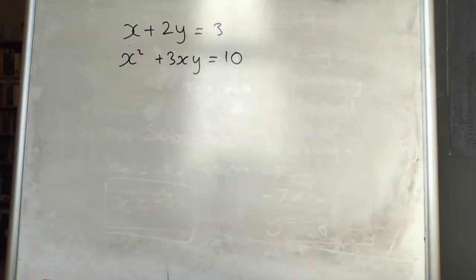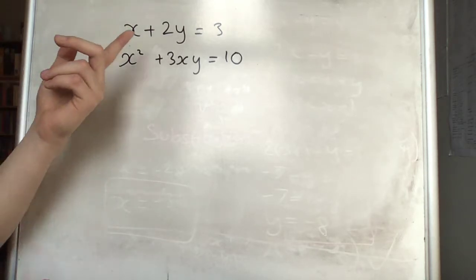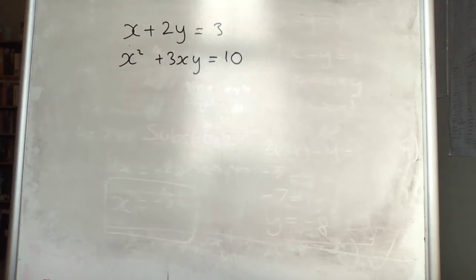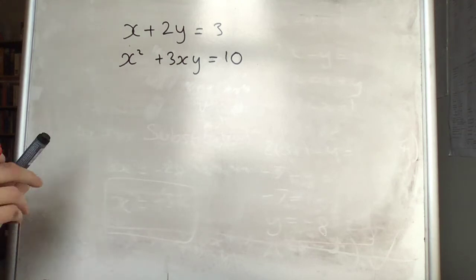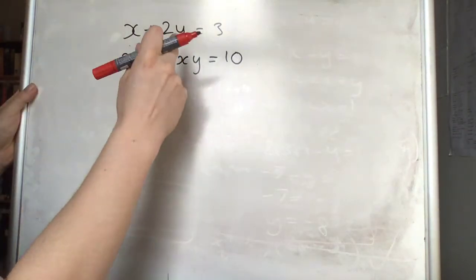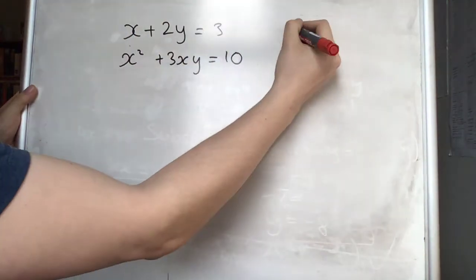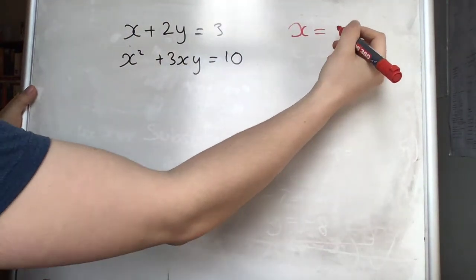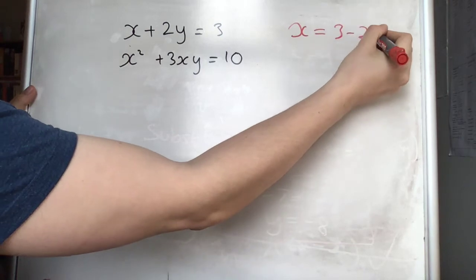So the first thing that we want to do is rearrange the linear equation to get x equals or y equals something. So we want to get an expression of x or y by itself so that we can substitute that into our other equation. So here it looks quite easy to get x by itself, because if we take 2y from both sides, we're going to get x equals 3 minus 2y.